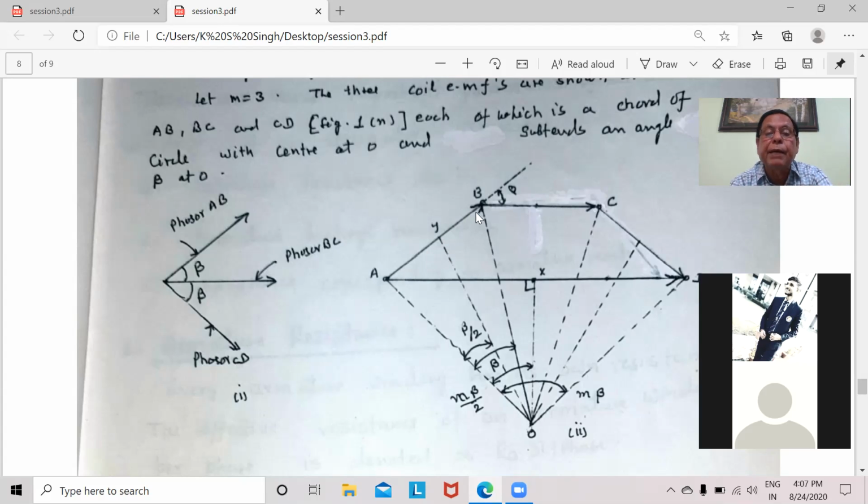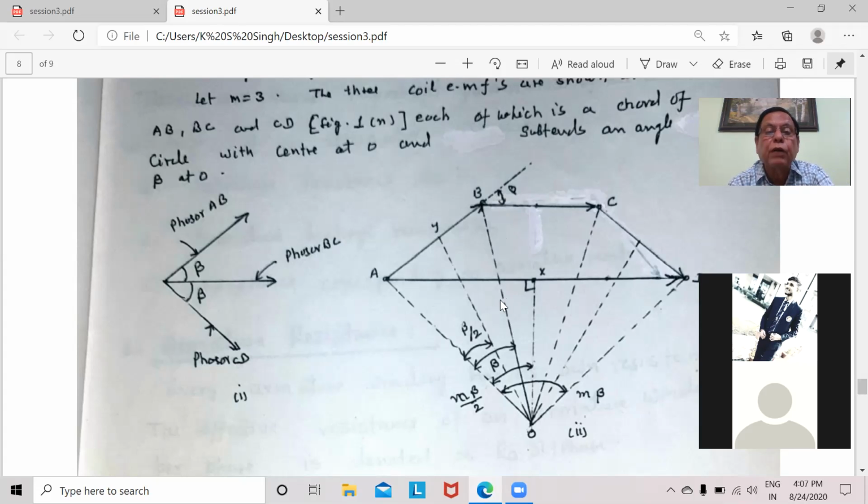It means this is AB, BC and CD, and there may be more than this. The resultant is the phasor sum of AB, BC and CD, and the angular difference between all phases will be beta, the angle between the two slots.